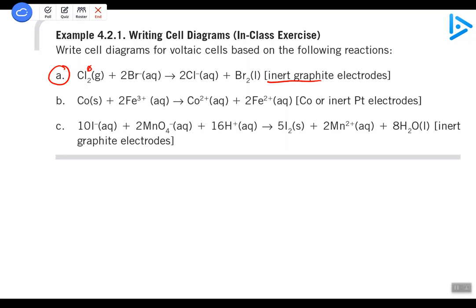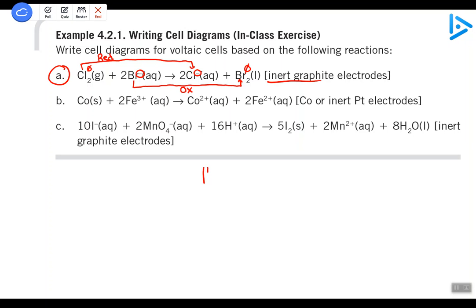So assigning those oxidation numbers, chlorine 0 going to -1. 0 to -1 is a reduction in the oxidation number. Meanwhile, bromide is going from -1 to 0. -1 to 0 is oxidation.